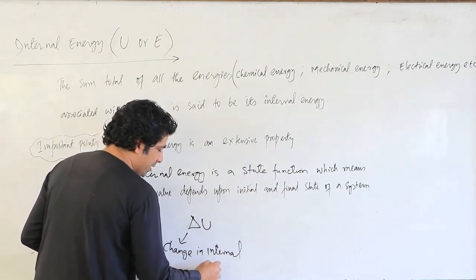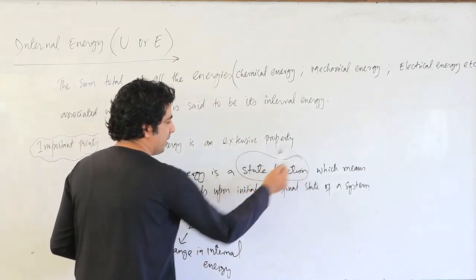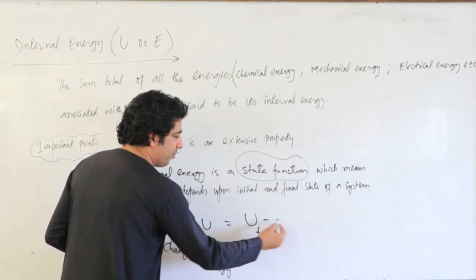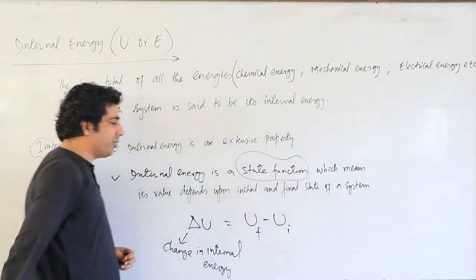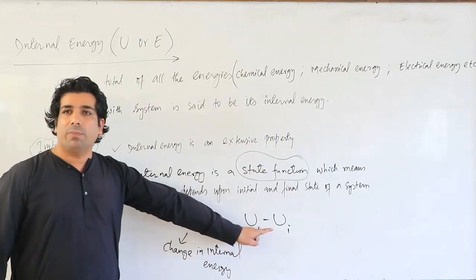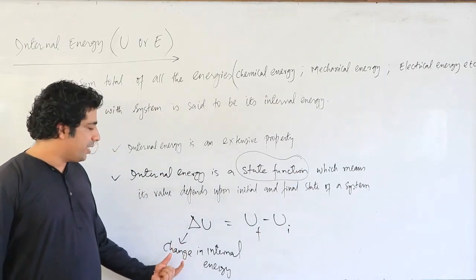And we know that internal energy is a state function, so its value will be given by final internal energy of a system minus initial internal energy of a system. We will get the change in internal energy.